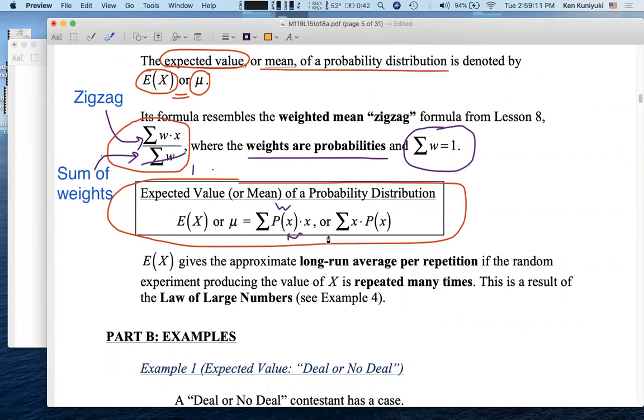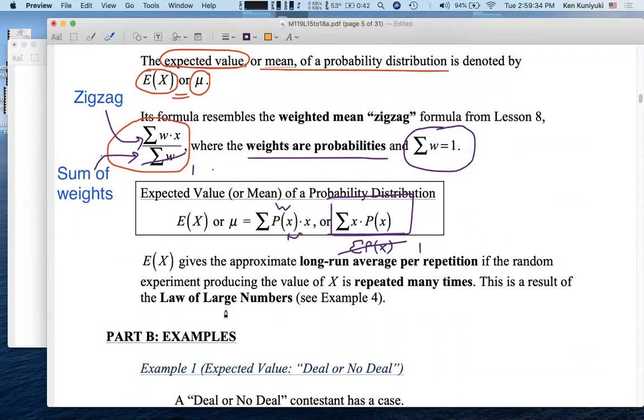We would divide by the sum of the probabilities, the weights. But wait a minute. For a probability distribution, the sum of these probabilities will be 1, and we can ignore all that. We can just take this.